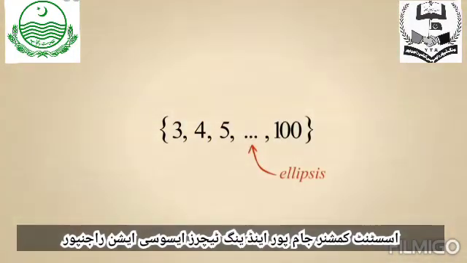For sets with lots of members, if the list of elements continues in some obvious way, an ellipsis can be used to indicate the continuation of the pattern. For example, the set of integers between 3 and 100 could be written like this. This can be very useful when specifying the membership of infinite sets.